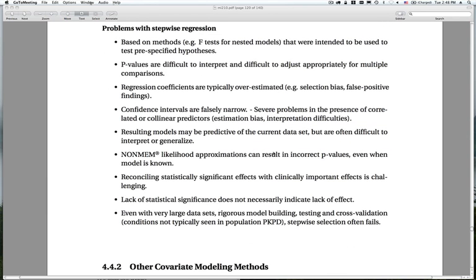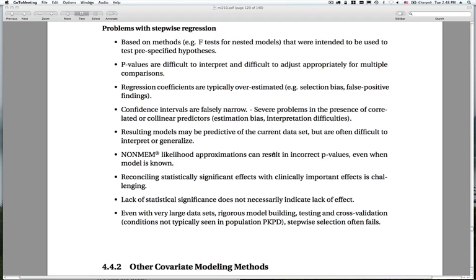And all of this information comes from the statistics literature, and so we can certainly learn from our colleagues in statistics who have been telling us for a long time that stepwise methods are not a good way to make inferences about effects.